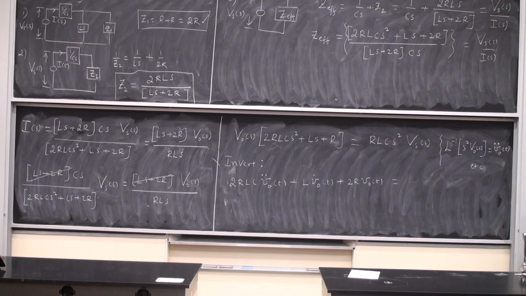Watch out. RLCs square Vs, if you invert it back, is RLC Vs double dot.